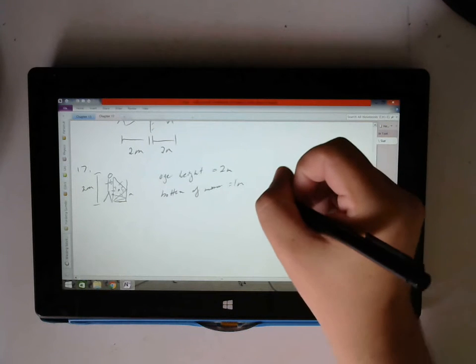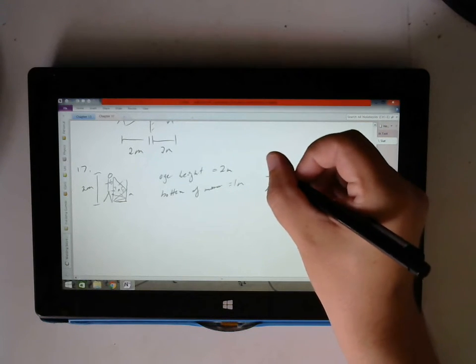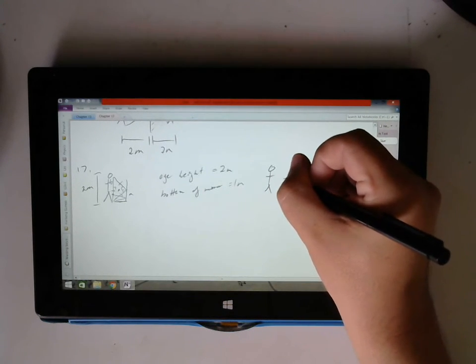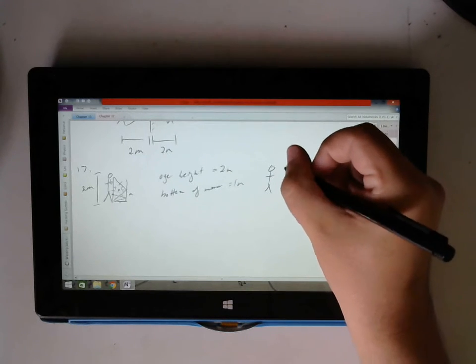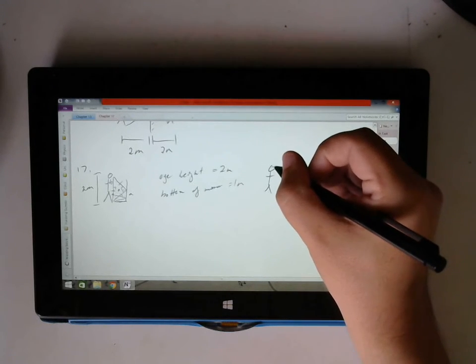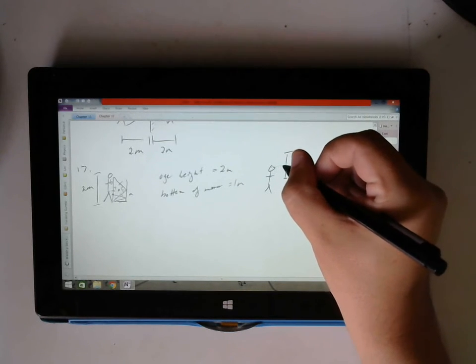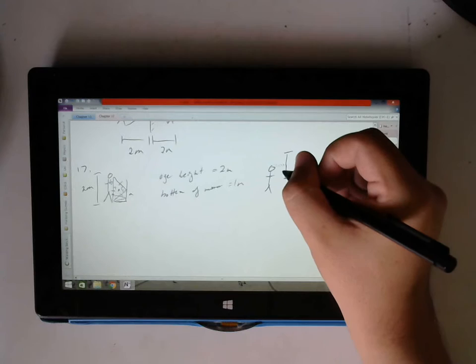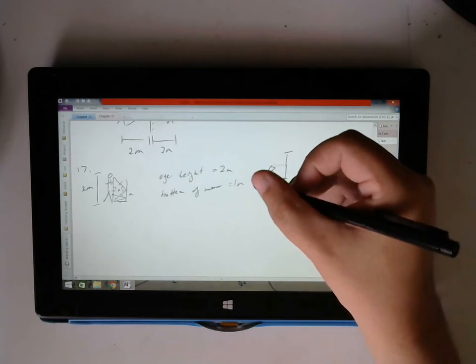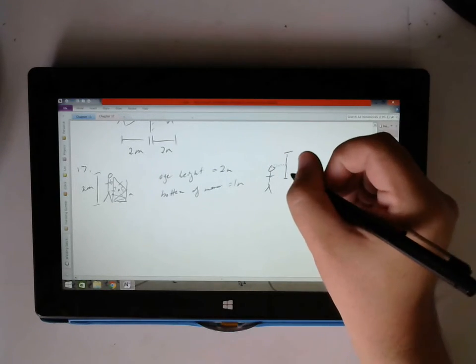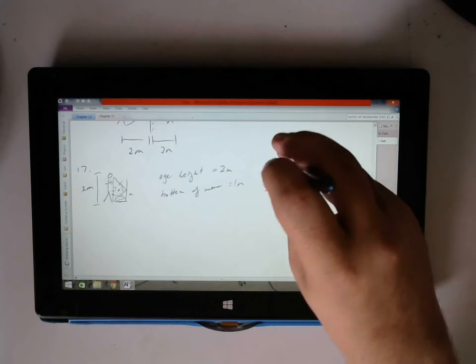Alright, so now we've got this situation where our person, and here is our mirror, but how tall does this mirror have to be? Obviously stuff up here doesn't matter, but from our eyes it has to be able to look here and hit the top of the head. Same idea as before. Let's make that a bit bigger because that was really tiny.